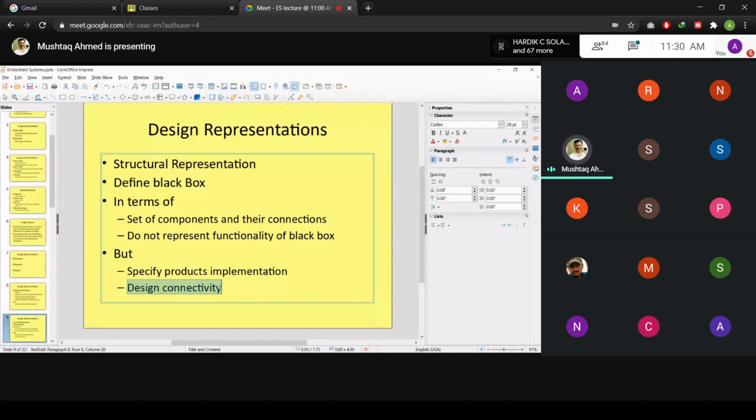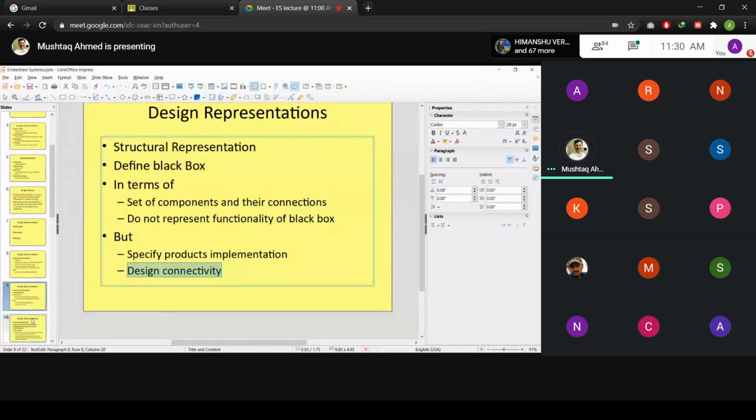Having that type of description available, we can minutely see what functionality each and every sub-block of the black box would perform, and we can change those as and when required as per our need.